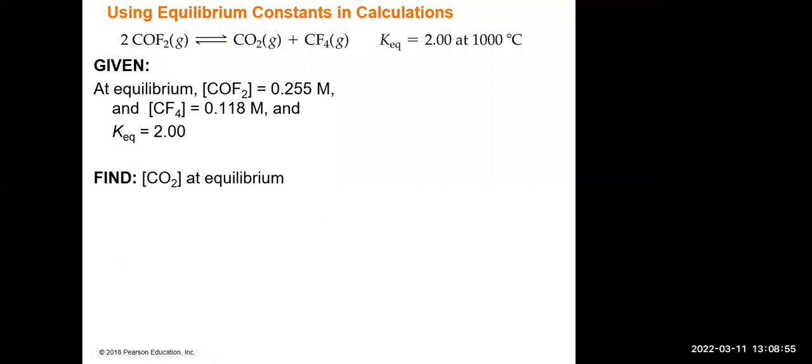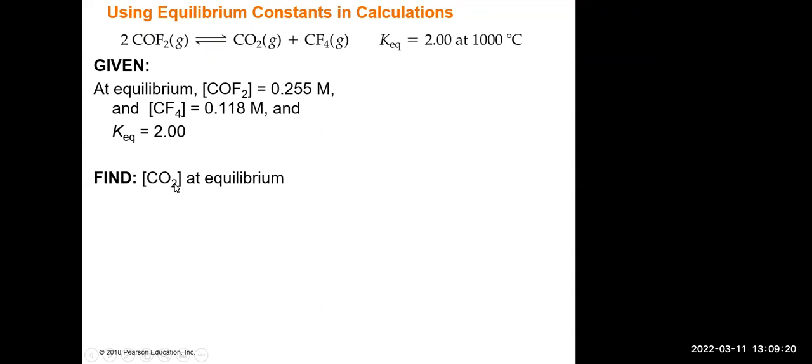Right. Now you can also use that equation, the K sub EQ, to do something else. In this example, you are given at equilibrium the concentration of this reactant and the concentration of this product. You are also given the number for the K sub EQ.